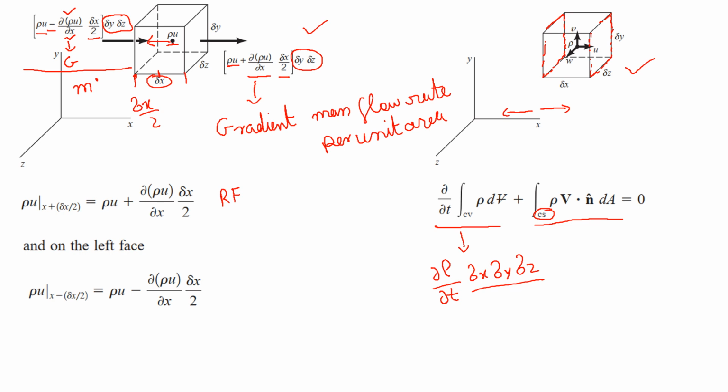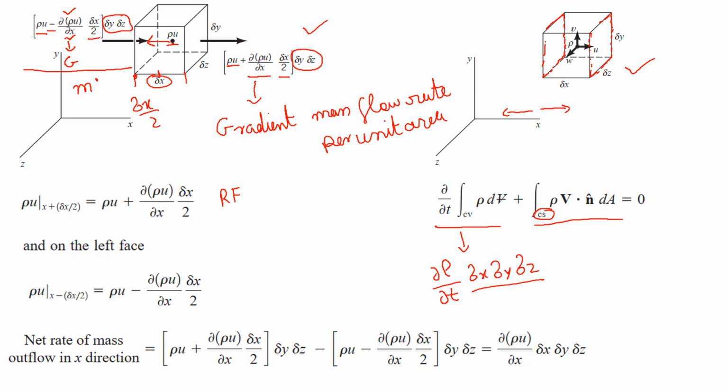To see the net flow across the x-axis, taking this term and subtracting this term will give us the net rate of mass outflow in the x direction. By doing simple subtraction we will get this term, and this term will be called the net rate of mass outflow in the x direction.